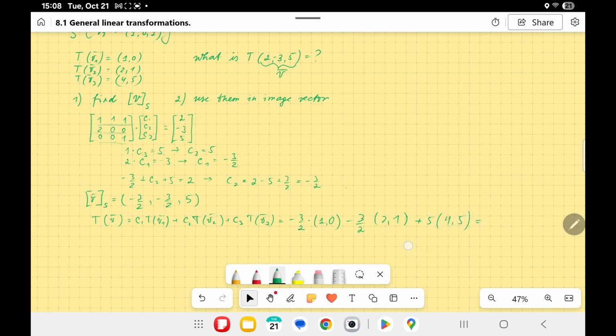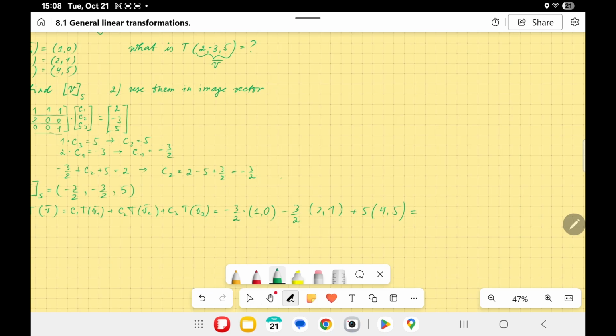And let's just calculate what we have. For my first coordinate I have 20 minus 9 over 2. My second coordinate is 25 minus 3 over 2. I'm combining x components and y components here.